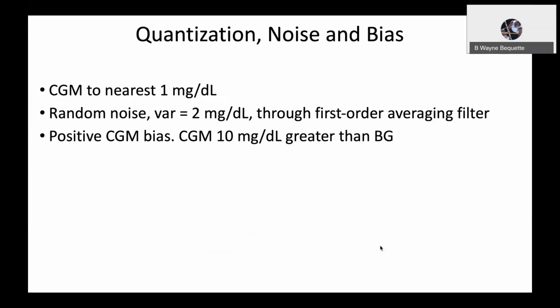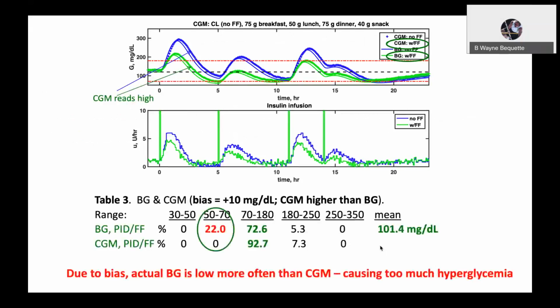So CGM to the nearest 1 milligram per deciliter, random noise, the variance of 2 milligrams per deciliter through a first-order averaging filter, and then positive CGM bias. So in the next simulations, the CGM, the sensor reading, is going to be 10 milligrams per deciliter greater than the actual blood glucose.